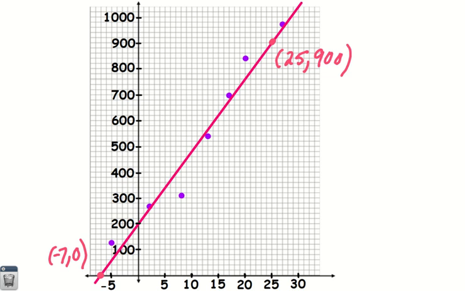Here we had our points negative 7, 0, and 25, 900. I want to be crystal clear here. You want to use points that are on your line. I don't care about this purple dot or that purple dot. I don't even care about that purple dot, which looks like it might actually be on my line. You want to use points that are on your line.